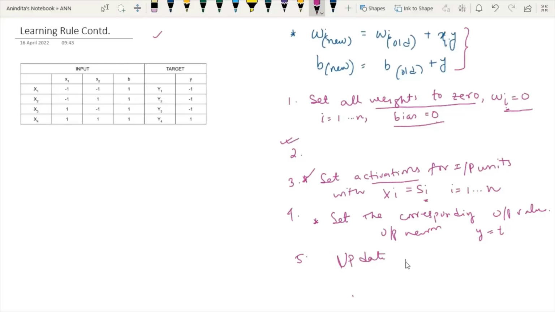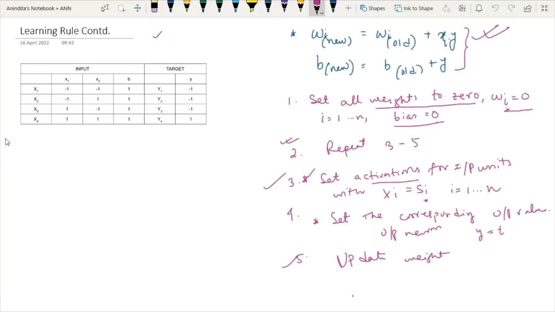How will this updation of weights be performed? Using this equation. And in step number 2, we have to repeat this process, up to step 3 to 5 we have to repeat this process. So these are the very basic steps of this algorithm, but this is very hard to understand. So let's start with the example. If we solve this example, it will be very clear to you.